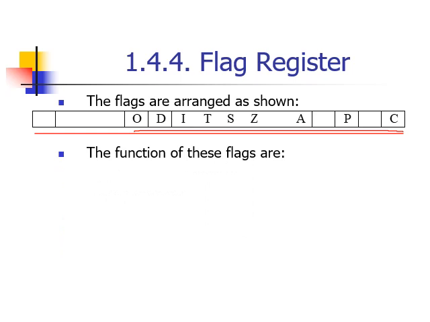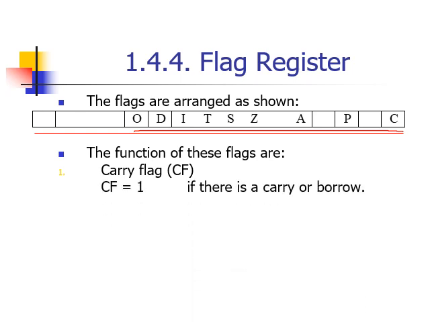The function of these flags is as such. The carry flag bit: if you're adding or subtracting numbers and a carry is generated or a borrow is needed, the CF flag bit is set. It's reset if no carry is generated and no borrow was needed.